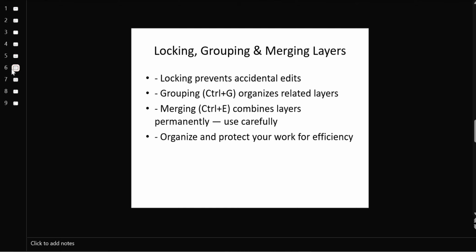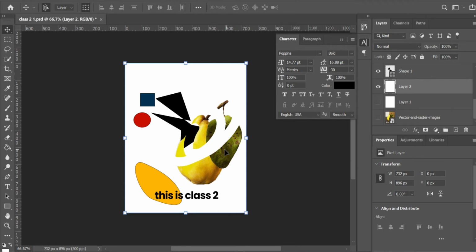So let's look at locking, grouping, and merging layers. Locking is the ability for you to lock a layer. When you are working, by mistake you can move a layer. So if you want a layer that you don't want anything to tamper with by mistake, you can lock that layer.